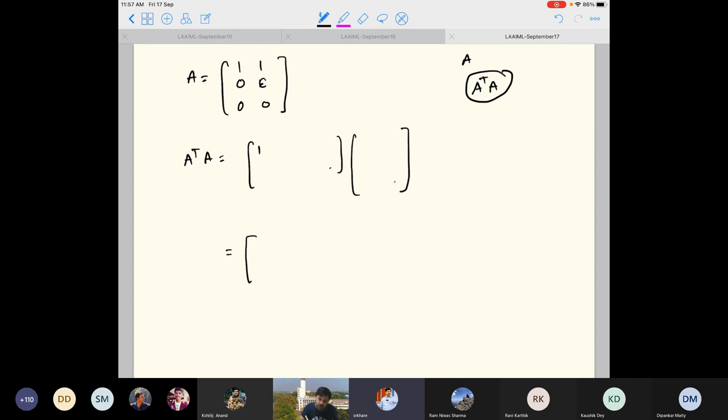So 1 0 0 1 epsilon. What is this product? Can you tell quickly? 1 0 0 epsilon square. It's not 1 plus epsilon square, right?